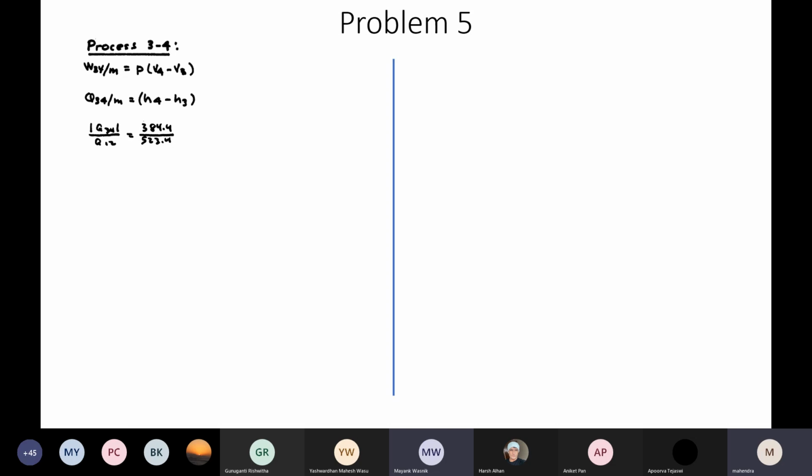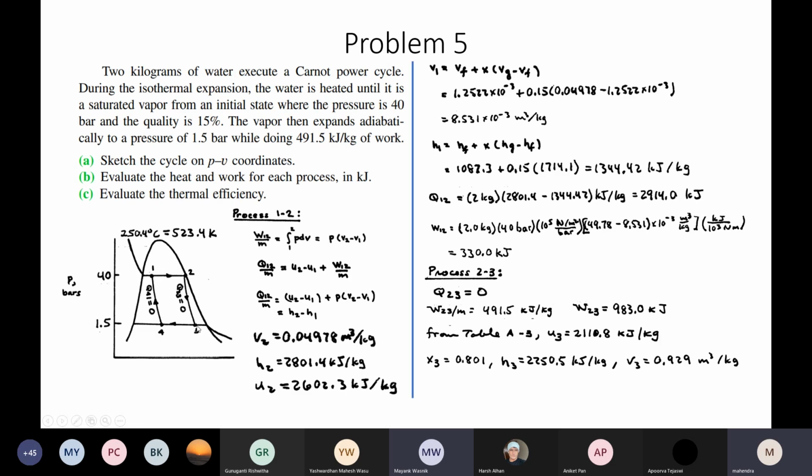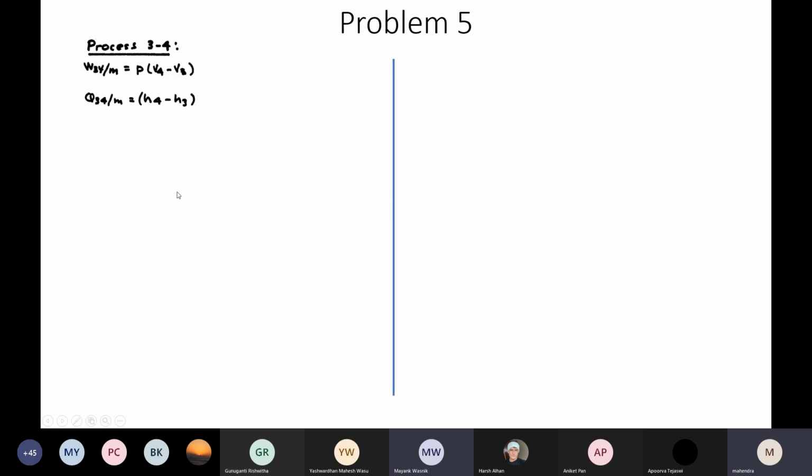Same time, the efficiency equal to 1 minus TC by TH. Yes, that we are using over here. That way we are calculating this particular thing of Q34, and that we are equalizing to H3 minus H4. H3 we know over here.